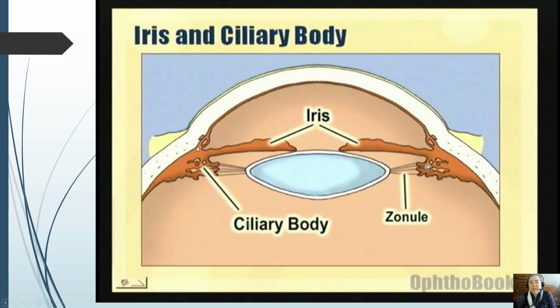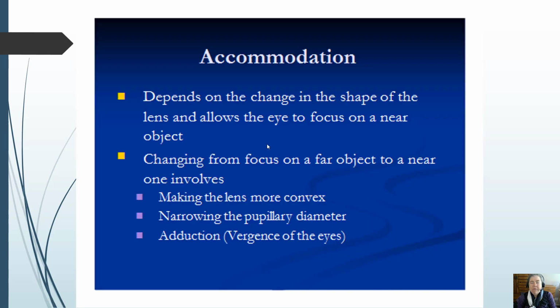Ciliary body is also continuous with the iris. Now, the ciliary body, as I said, includes both muscle and an epithelium that makes aqueous humor.